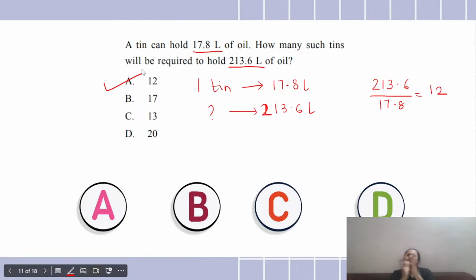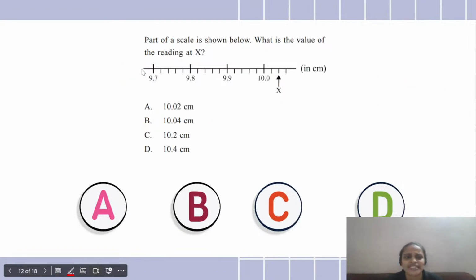Okay, very good, children. I'm loving the enthusiasm and the way y'all are participating. Let's move on to the next question. Okay, this is a part of a scale. What is the value of x? This is also very easy. Just look at it carefully and you all will be able to find the answer very easily. Come on.